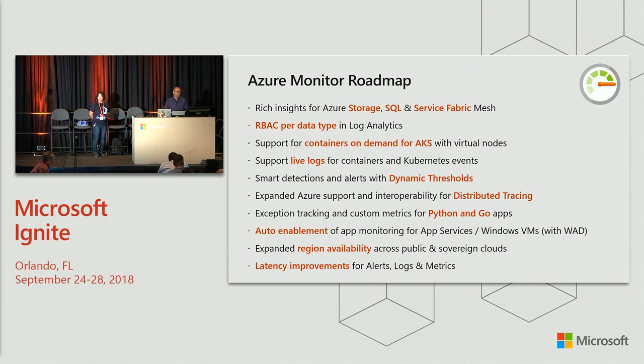And then latency improvements, which I think is very key. We are going to get metrics under 30 seconds and logs under 5 minutes. We are almost there already. But both hot and warm path, we will be improving the latency significantly, and of course the alerting latency will also improve based on that. Okay?